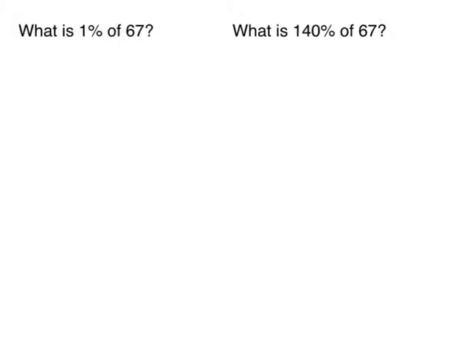What is 1% of 67? If my decimal is here at the end, and I think of it as 1 out of 100, I move it 2 decimal places, so my answer is 0.67, or 67 hundredths. Then if I have to figure out what is 140% of 67, I can say 140 times 0.67.